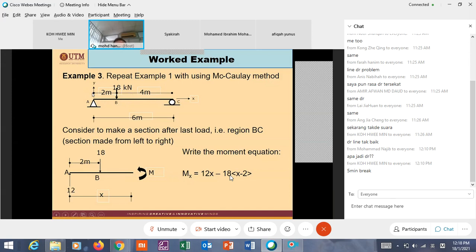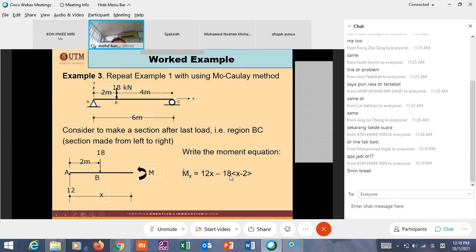You start from the left. So in this case, you derive a moment equation in between B and C. A and B cannot. In between B and C, you have covered all the loading, in this case only one loading.